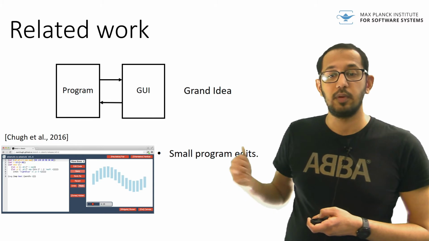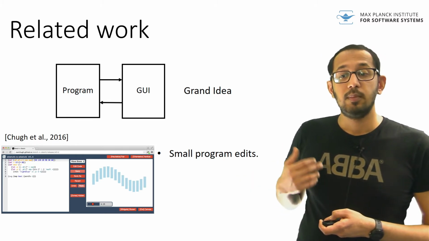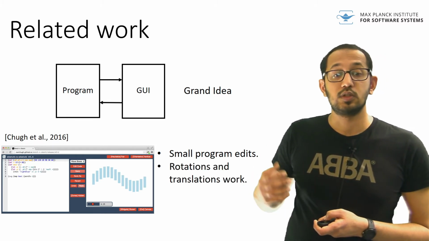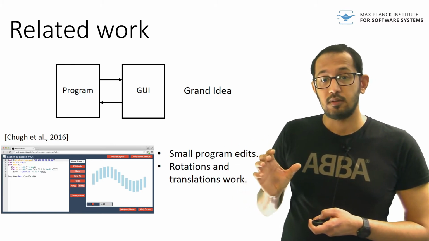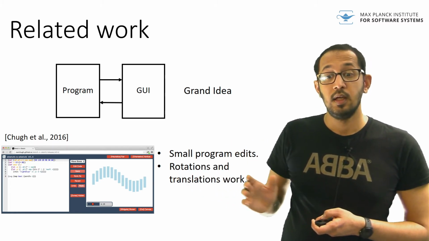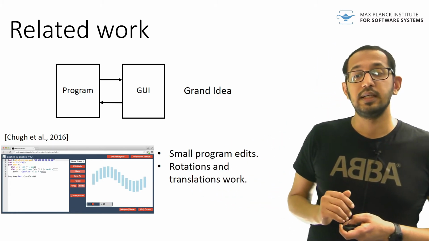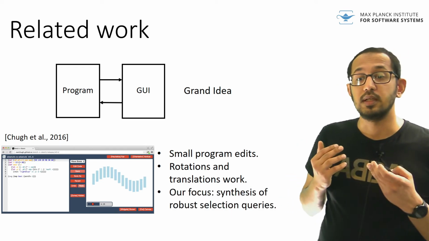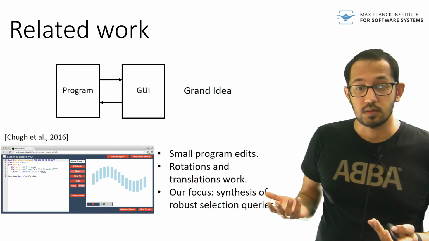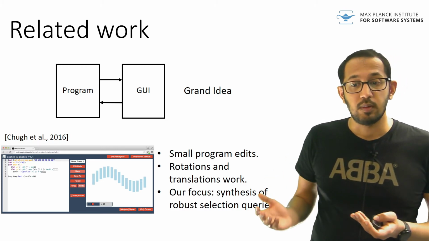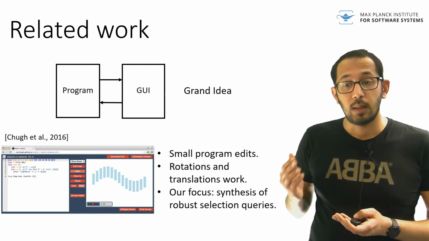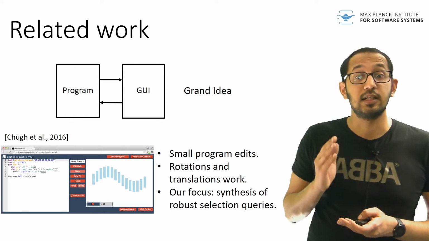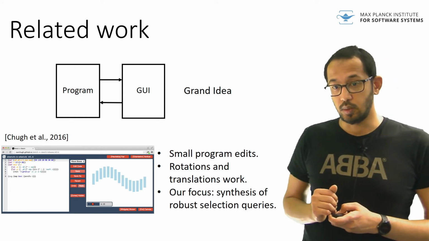Concepts from this prior work can already be applied to CAD in the context of rotations and translations. The focus of our work is on the synthesis of robust selection queries from GUI-based selections and operations. These are the parts, if you remember, that are difficult to come up with in programming and are the source of brittleness in GUI.